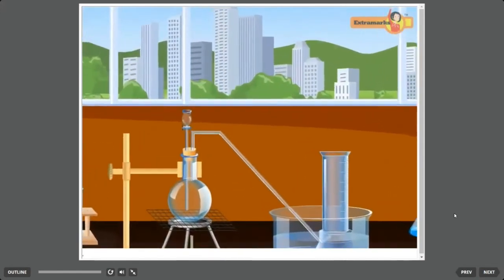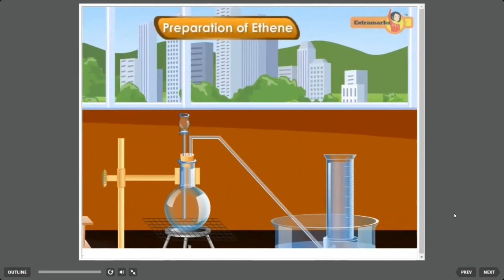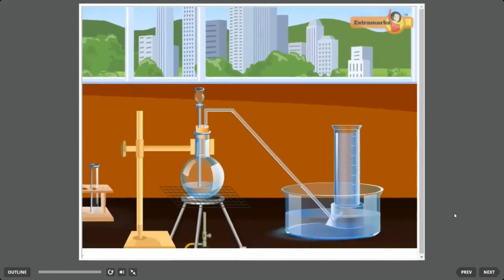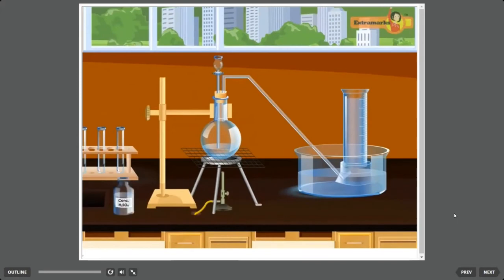Let us now prepare ethene. Take about 20 to 25 ml of ethanol in a round bottom flask. Add concentrated sulfuric acid with the help of thistle funnel.